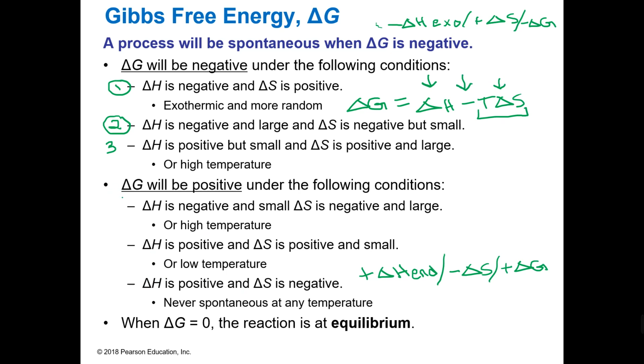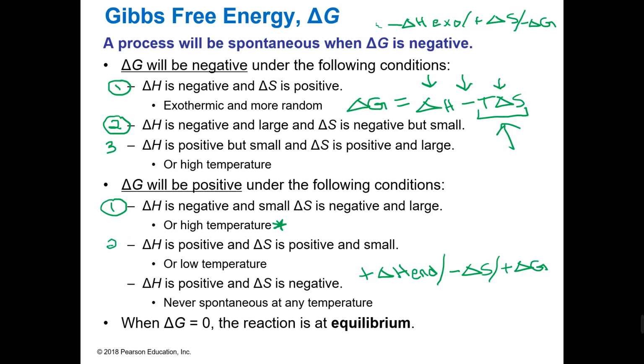Remember, positive, not spontaneous. So if you have a negative delta H and it's small, delta S is negative. I'm sorry, the delta H is small and negative, and the delta S is negative and large. Or also very high temperatures, because of this relationship here. The larger that T, the bigger the number is going to get.